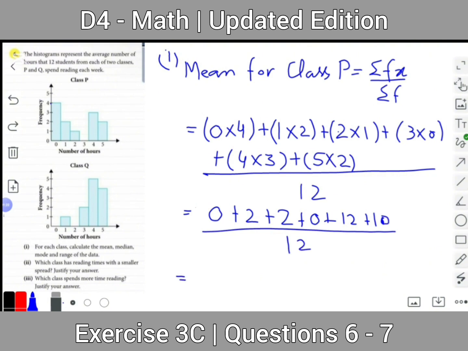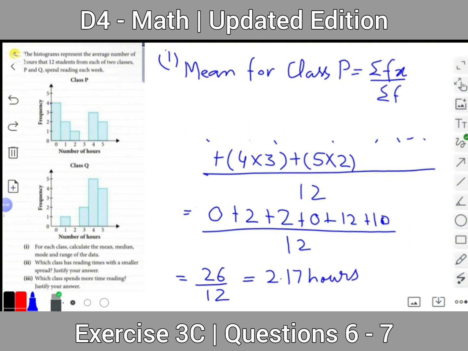And now here we have 26 divided by 12. And here we have approximately 2.17 hours. So the mean for class P is equal to 2.17 hours.